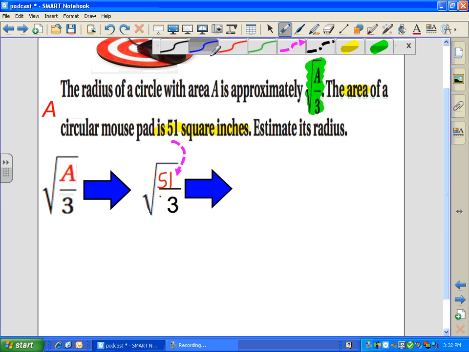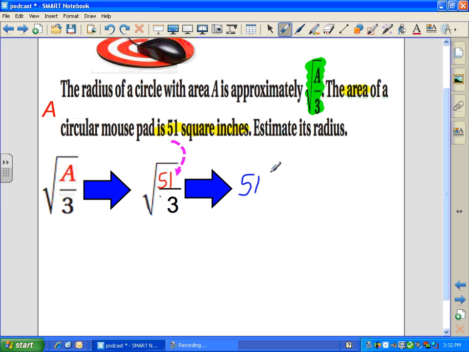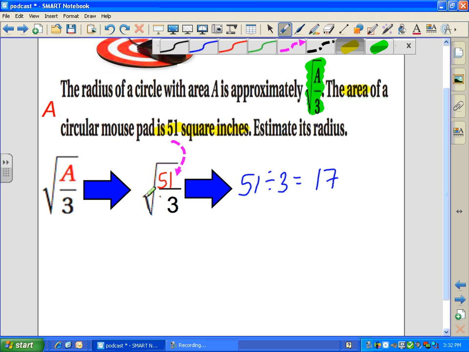I'm going to rewrite the problem. 51 divided by 3. Take your handy-dandy calculator, plus 10 bears if you didn't get one yet. 51 divided by 3 gives me 17. Easy come, easy go. All right, I lost my 10, but I'll get it back. My answer is not 17, because now I need to go back and do the square root of 17.